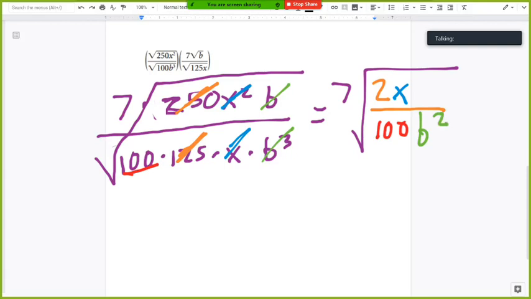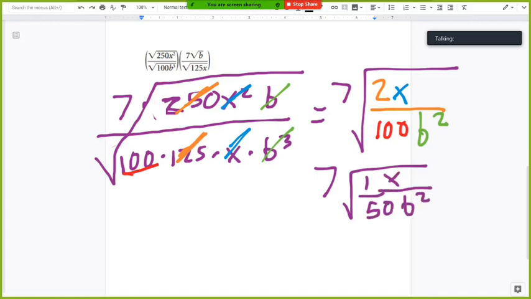Then I could simplify further by doing 7 times the square root of 1/50th, because that's 2 over 100, and then x over b squared. Now I could rewrite it as 7 times the square root of x over the square root of 50b squared.